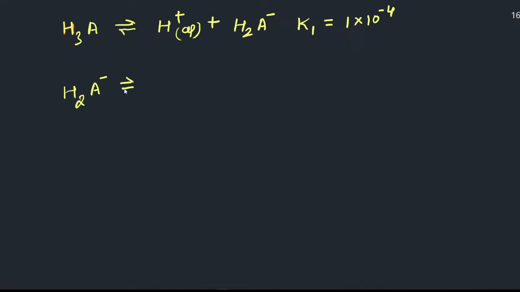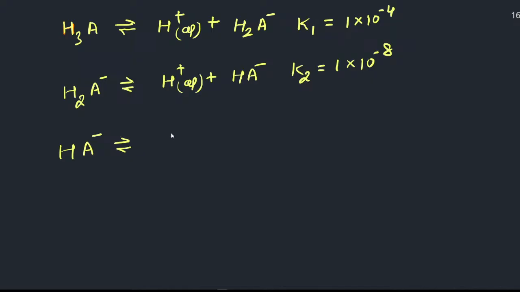H2A negative gives H plus aqueous plus HA2 negative. The value of K2 is 1 into 10 raised to power minus 8.